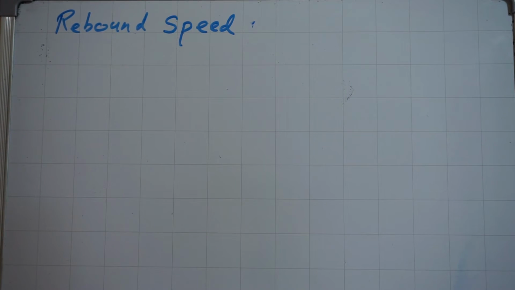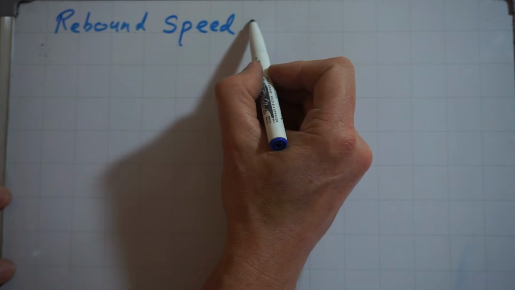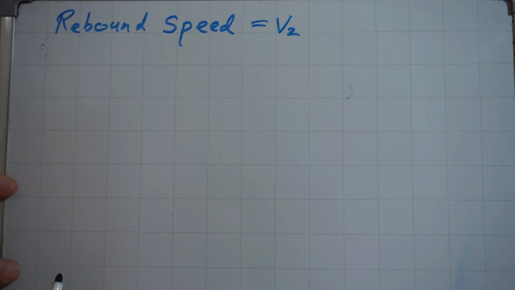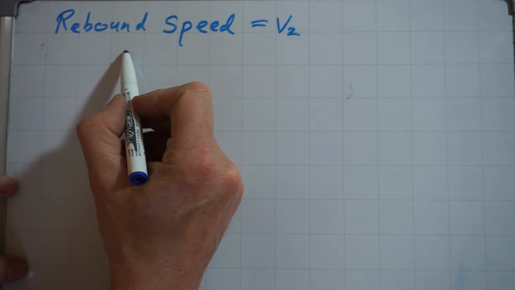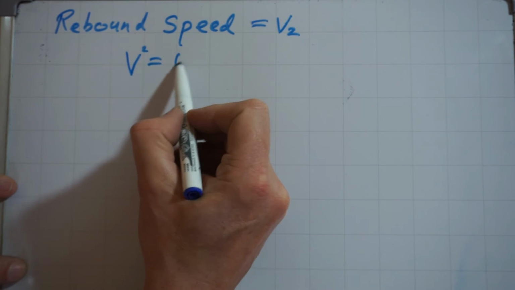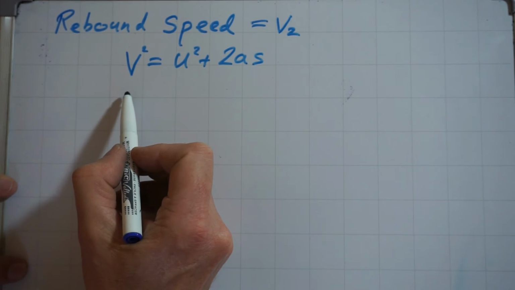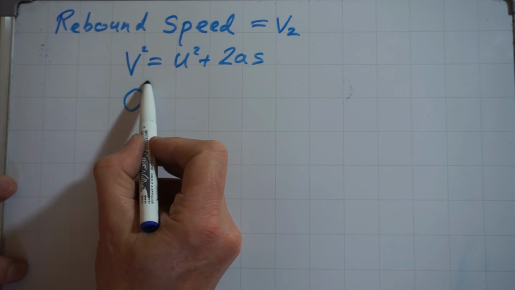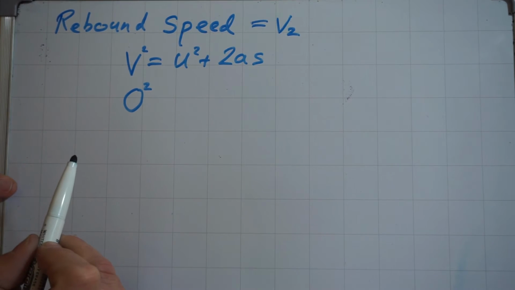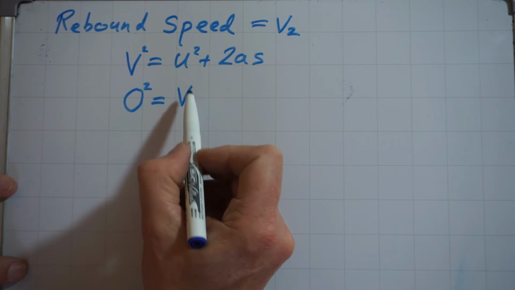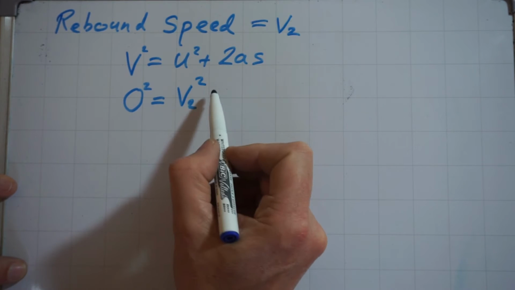Next, we will calculate the rebound speed, which we'll call V2. This is the speed at which the ball leaves the table after the bounce. Again, using v squared equals u squared plus 2as. V will be 0 because the ball is moving upwards and its final speed will be 0. U is what we're trying to find, so that will be V2 squared.